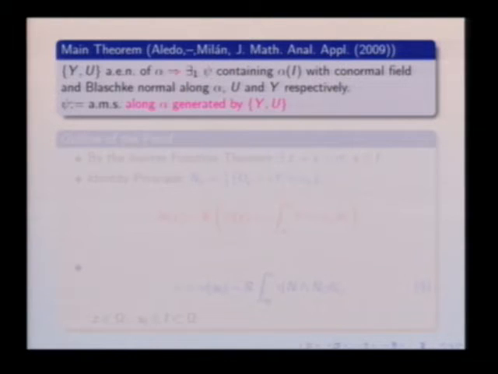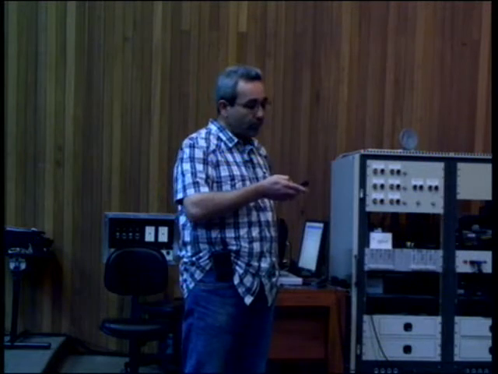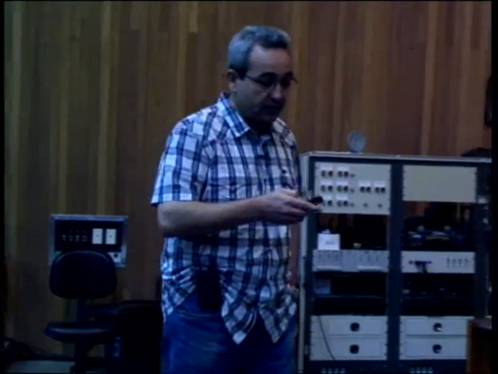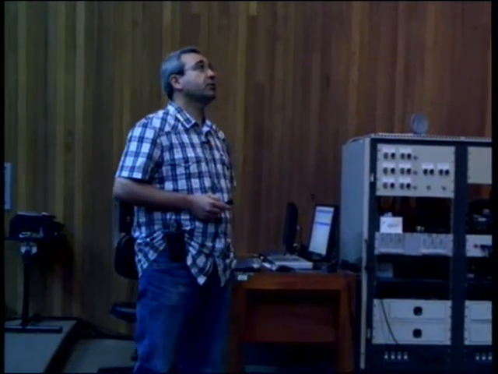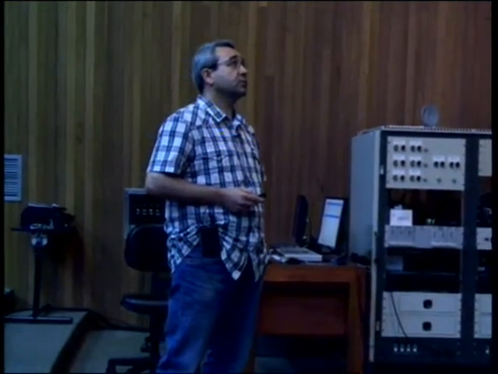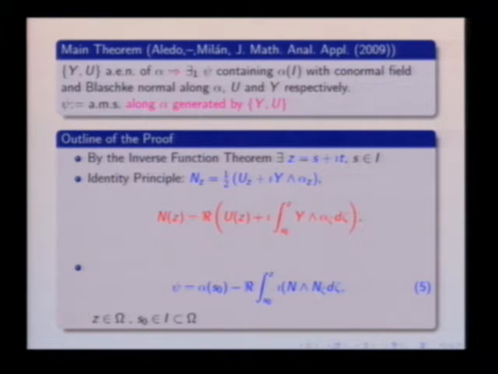This affine maximal surface will be called the surface generated by the analytic equiaffine normalization (y, u). And the proof is not difficult. Essentially the proof comes using the inverse function theorem and the identity principle. In fact, using that, we can recover from u, y, and alpha the affine conormal in a neighborhood of the curve. So using the Legendre formula, we obtain the immersion in a unique way.